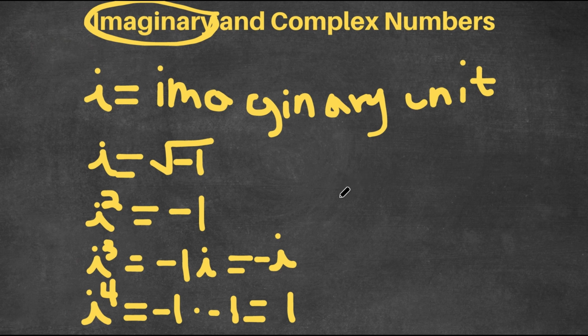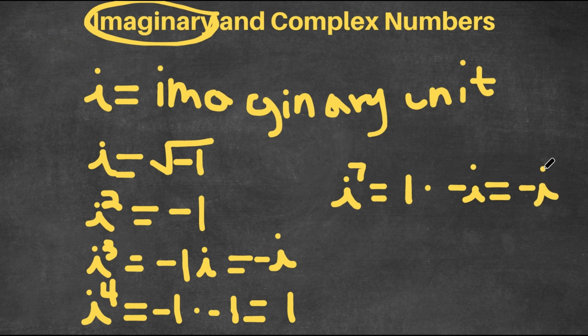So now let's try to figure out what i to the power of 7 is. Well, we know that i to the power of 4 is equal to 1. And we're going to multiply this with i to the power of 3, which equals -i. So this means that i to the power of 7 is going to equal -i. Because remember, i to the power of 4 times i to the power of 3, we're going to add the exponents, so that equals i to the power of 7.